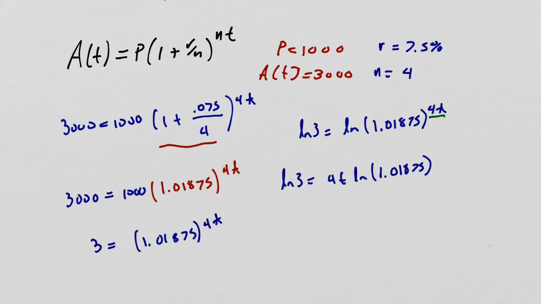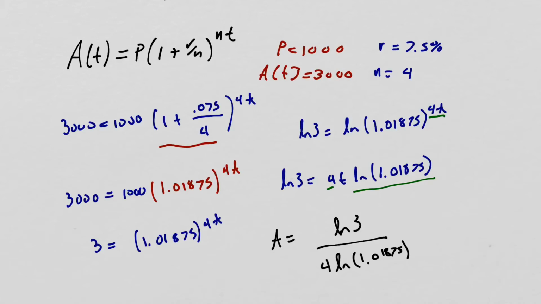Dividing both sides now by 4 and the natural log of our decimal number, we get that t is equal to the natural log of 3 divided by 4 times the natural log of 1.01875. Plugging this into a calculator, this is approximately equal to 14.79 years.